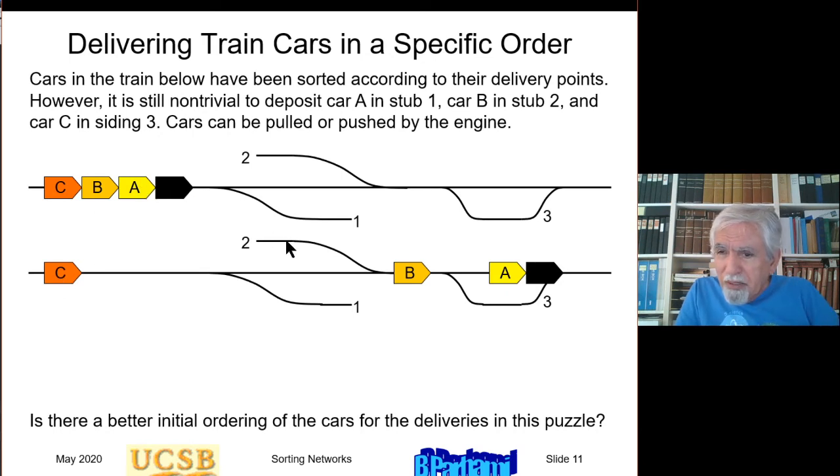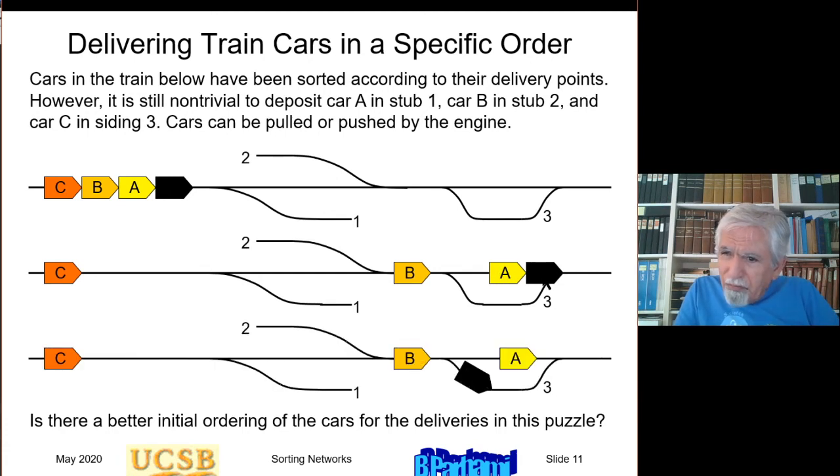Cars A and B are pulled forward. B is left here. Eventually it will be delivered into the siding. A is left there. And now the engine detaches itself from A, goes into the siding, and emerges on this side, connecting itself between A and B.